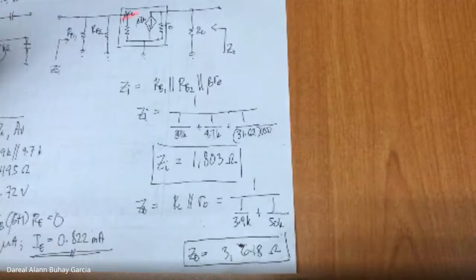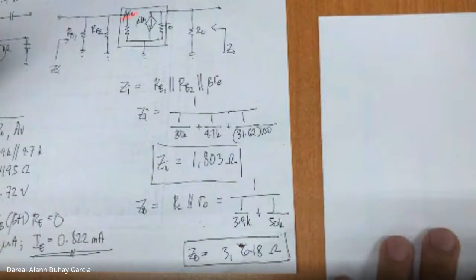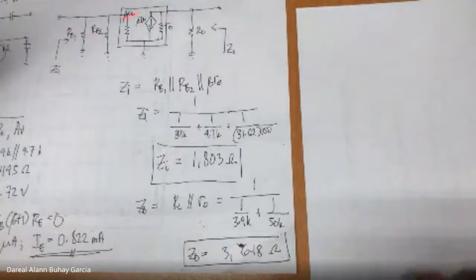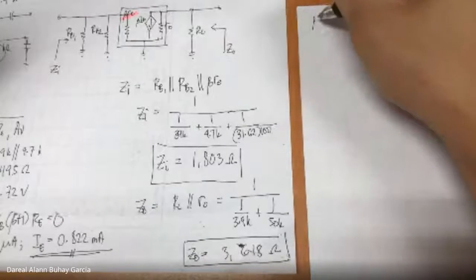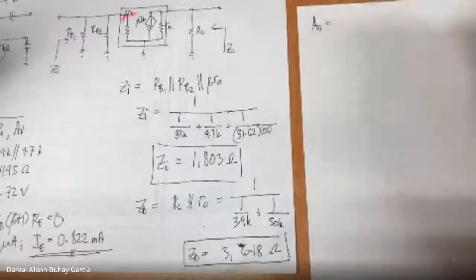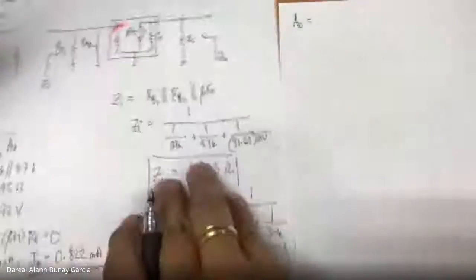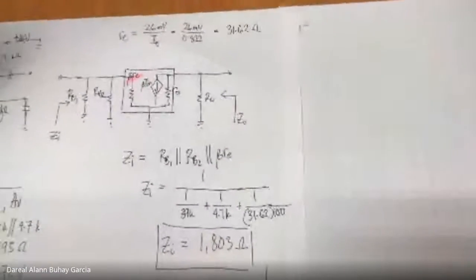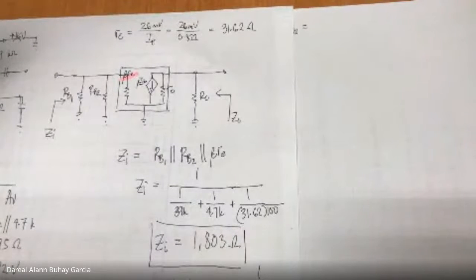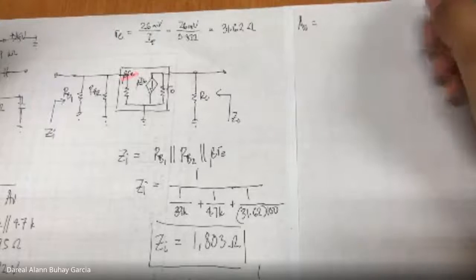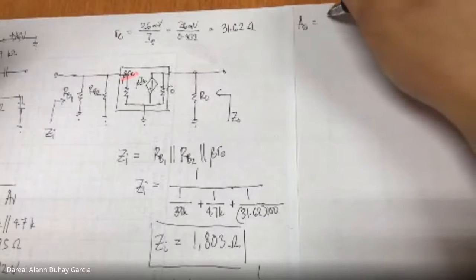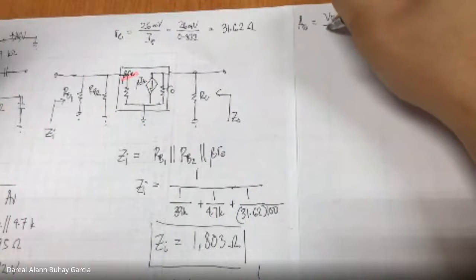Next, voltage gain. Voltage gain is equal to, well, VO over VI.